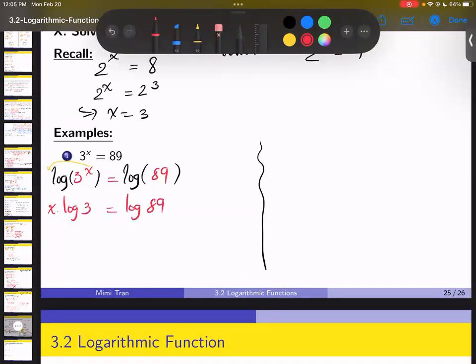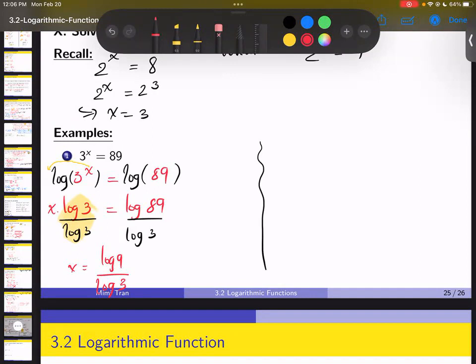Now log of 3 and log of 89 is just a number. Now you punch in your calculator, it'll give you a value. I want to solve for x, so divide both sides by log 3. So now x equal log 89 divided by log 3. This is easy, it's base 10. You can put in your calculator.